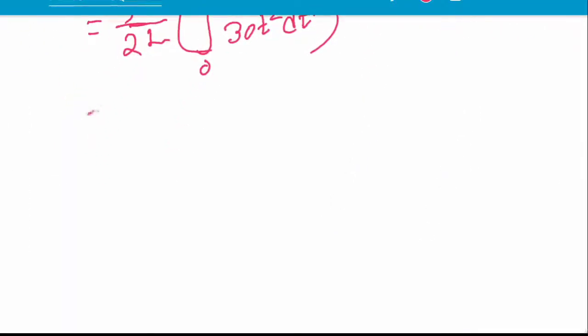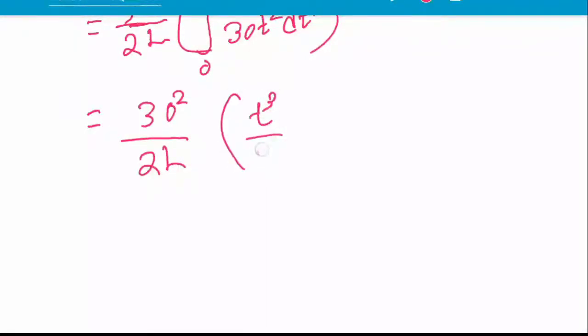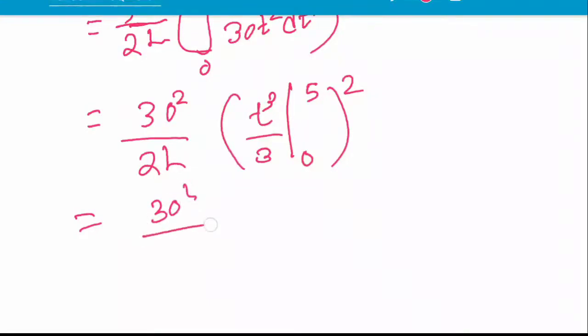And what I am getting is 30² by 2L into t³/3 from 0 to 5, whole squared. That is 30² by 18L, because of the 2 here and the 9 from here.